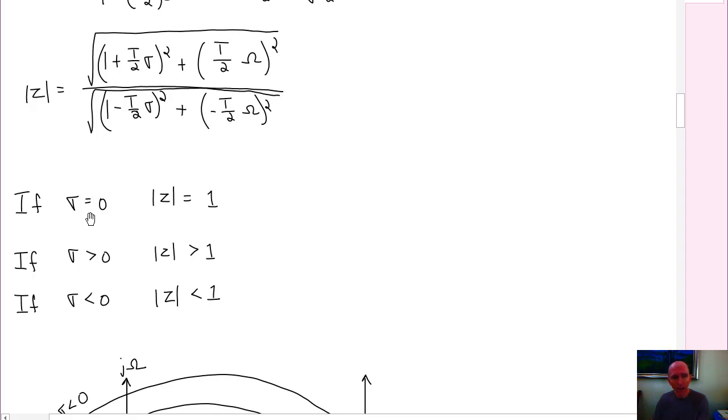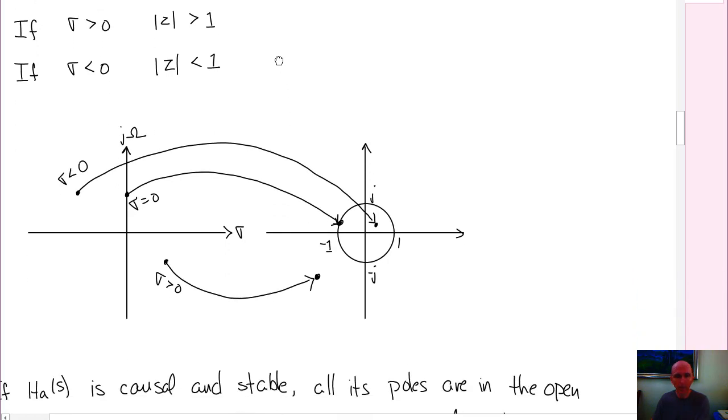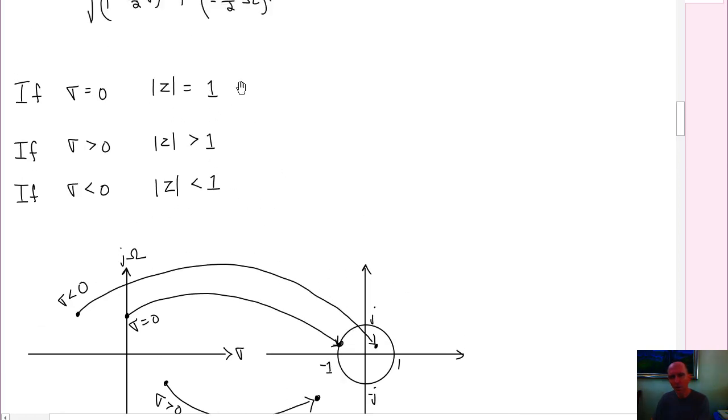And so this magnitude is going to be equal to 1. In other words, if sigma is equal to 0, the magnitude of z is equal to 1. What does that mean? Well, sigma equals 0 means we're on the j omega axis. And so every point on the j omega axis is going to transform into some point on the unit circle, some point where the magnitude of z is equal to 1.